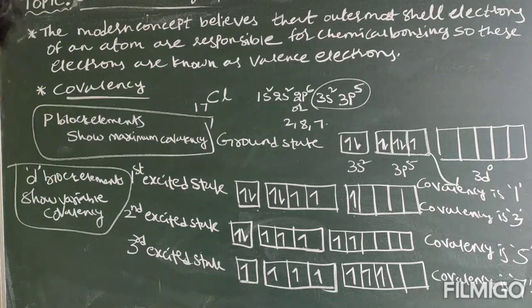So, what is the definition of covalency? It is defined as the number of electrons contributed by an atom of the element for sharing with other atoms so as to achieve noble gas configuration.